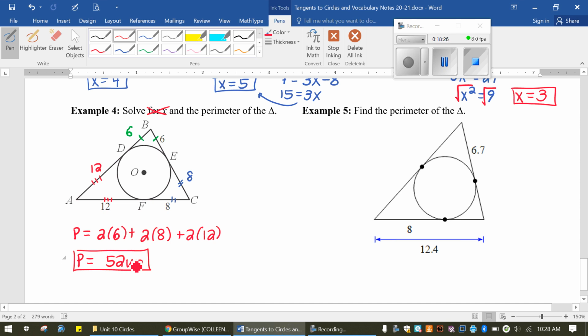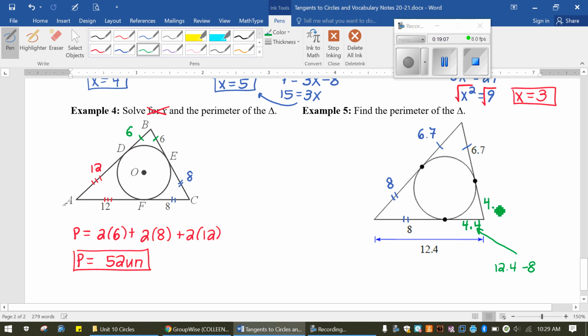All right, let's do that again for example number 5. I can see this is 6.7, so that means that this will also be 6.7. And then I've got a tangent segment here of 8, so the tangent segment above that will be 8. And then the only part that I'm missing is right over here. But since I know all the way across is 12.4, and this part here is 8, then right there would be 12.4 minus 8, giving me 4.4.